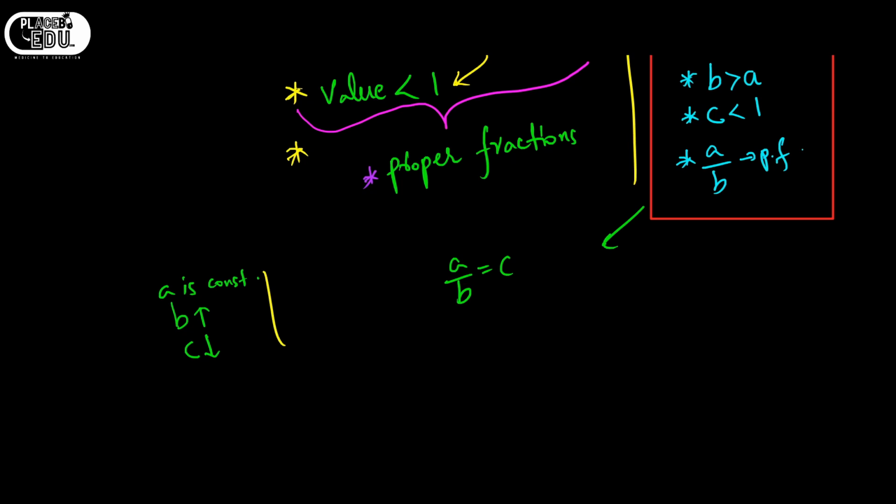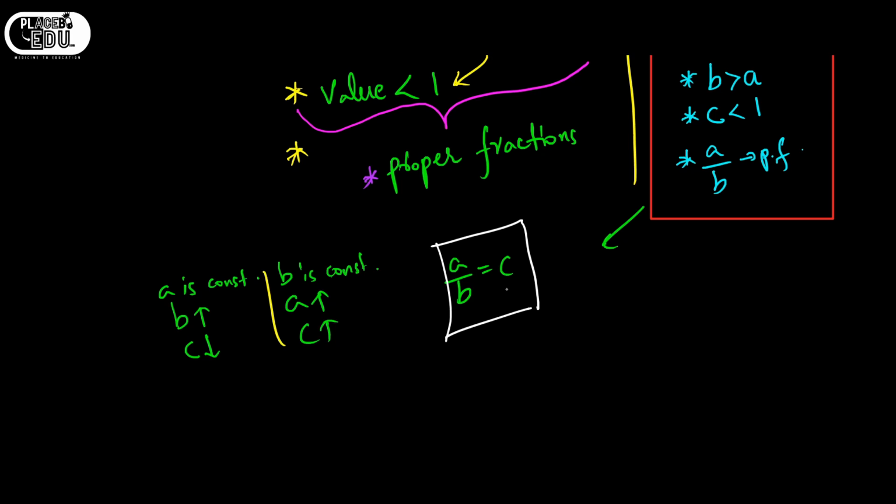And another one, if b is constant, a increases, then c increases. This relation is very clear, right? a is directly proportional to c and b is inversely proportional to c. That's what you have to observe.